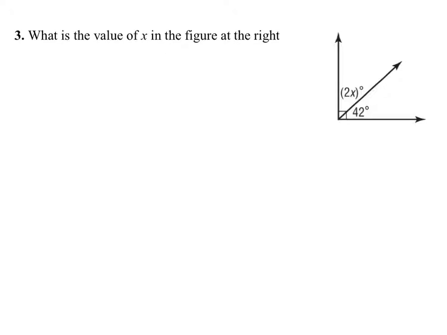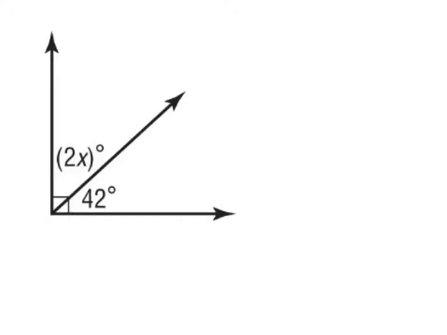What is the value of x in the figure at the right? So if we look at these two angles, since they create a right angle, and we know it's a right angle because of this marking right here, we know that these two have a complementary relationship, which is 90 degrees. And this one we're going to do a little bit different than the equation on the last one. So since we know that overall it's going to be 90 degrees, again, we just want to figure out what this angle is.